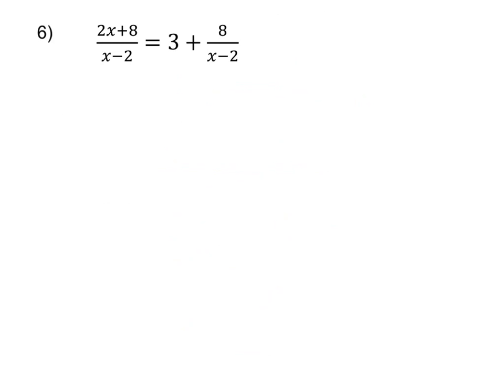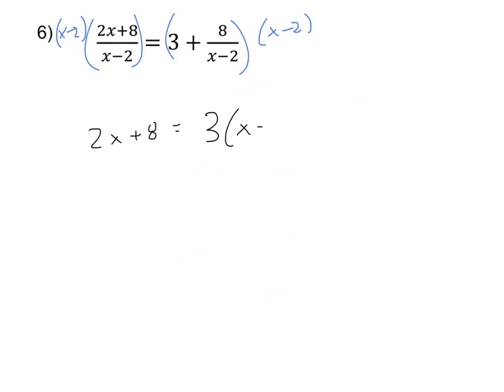What I would do is multiply both sides by x minus 2. The left here is going to be super easy: x minus 2 divided by x minus 2, that's going to be 2x plus 8. Now over here, let's distribute this x minus 2. So it's going to be 3 times x minus 2, plus 8 over x minus 2 times x minus 2.